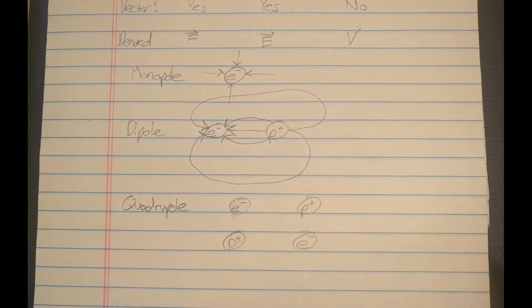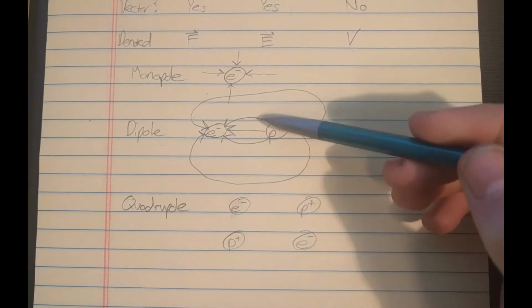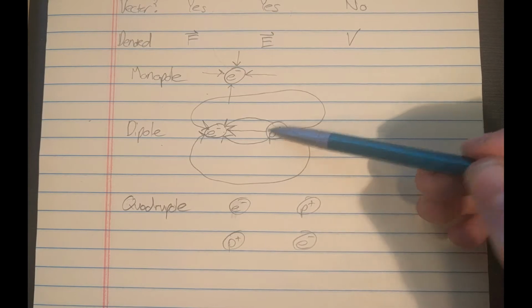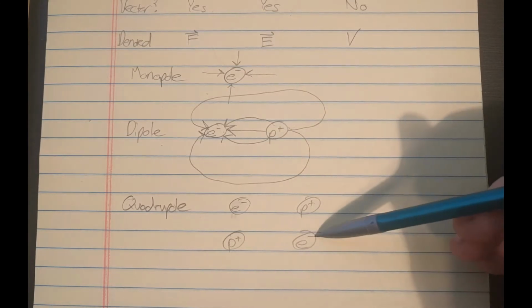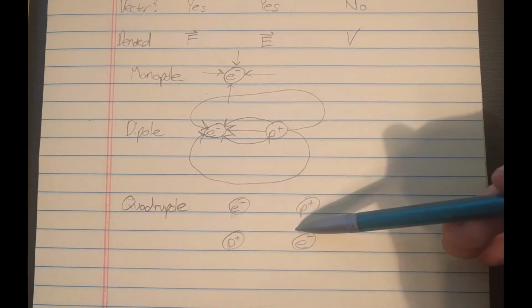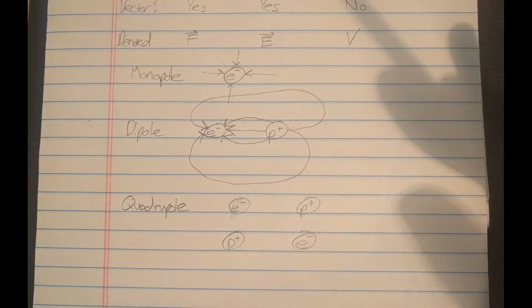Well, I'm not going to try to draw the field lines, but the field lines are going to look more complicated than a dipole. But this is just a collection of 4 point charges, is what you can think of a quadrupole like, or a collection of 2 dipoles.